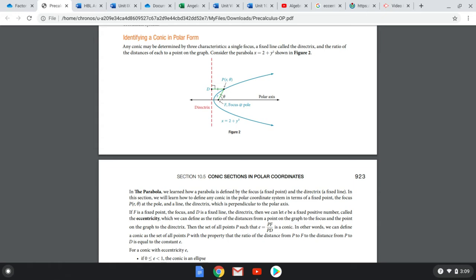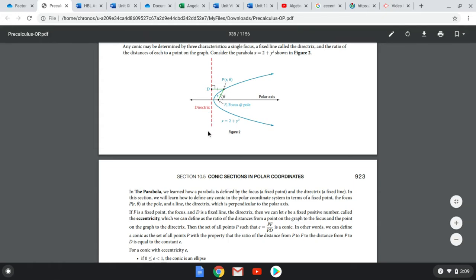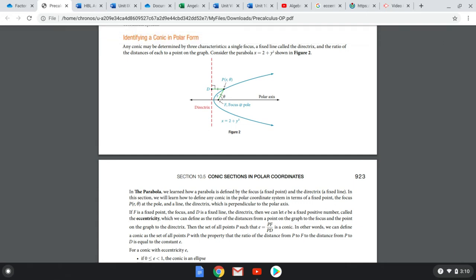That's not really important for what we're doing, but what is important is that your book refers to a directrix, to the location of a directrix, regardless of the type of conic in this section. So I just want you to know that it's just a line that's used to calculate the eccentricity. And with the parabola, it is the directrix, but the others don't really have a directrix. So if that confuses you, that's why.